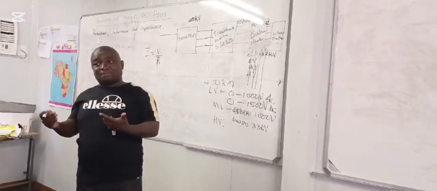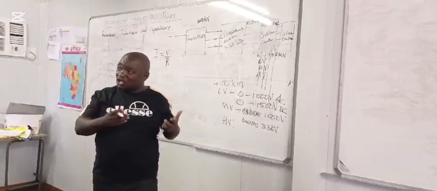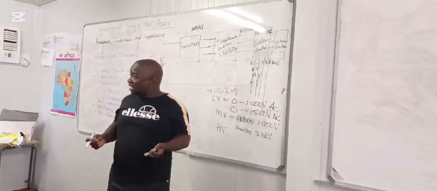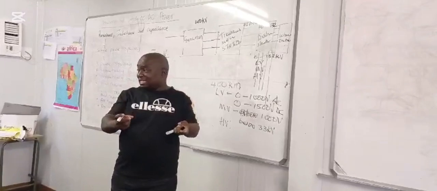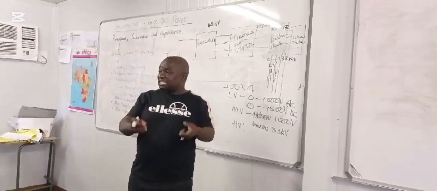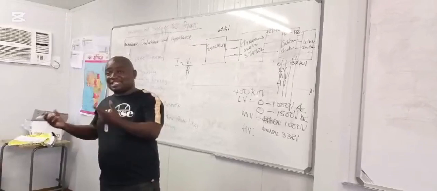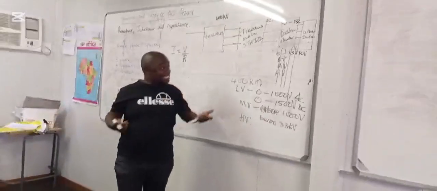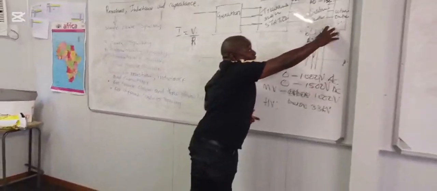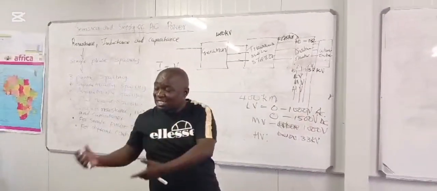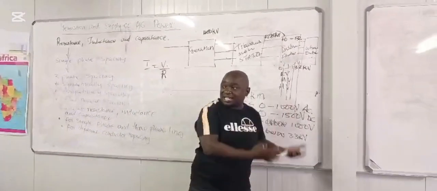We know that when you compare the firms with the household, the consumption will it be the same? No. Are we together? At a household, the consumption of electricity is far lesser than the consumption of electricity in an industrial area. Are we together? Hence, when it leaves the distribution station for utilization, it will go to what? It's either a three-phase, four-wire system or a single phase.